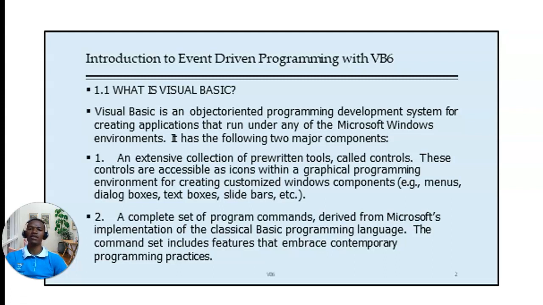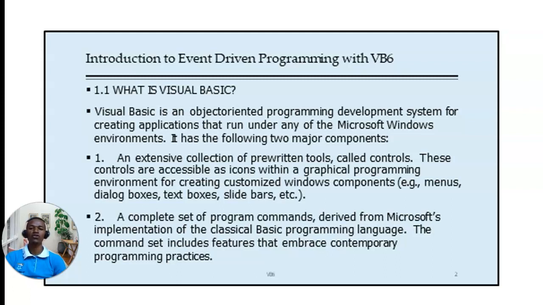Visual Basic is an object-oriented programming development system for creating applications that run under any of the Microsoft Windows environment. It has the following two major components. One, it has an extensive collection of pre-written tools called controls.